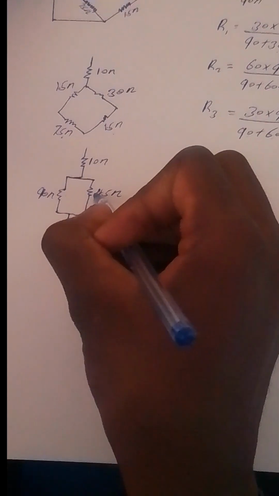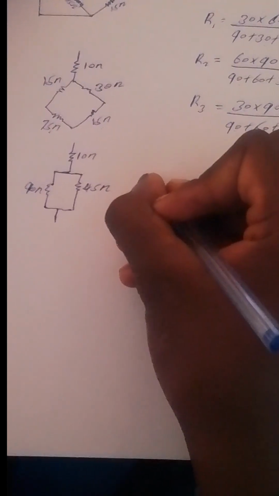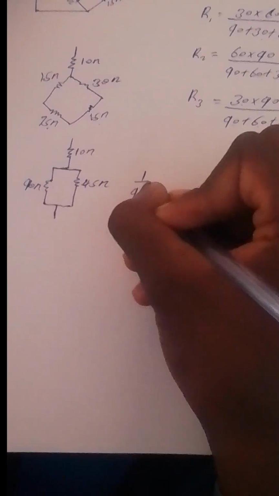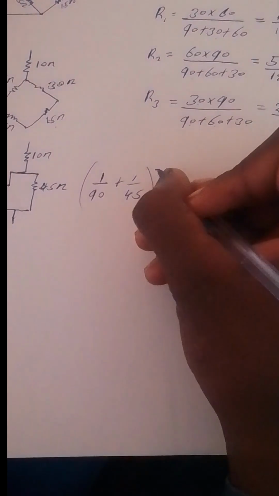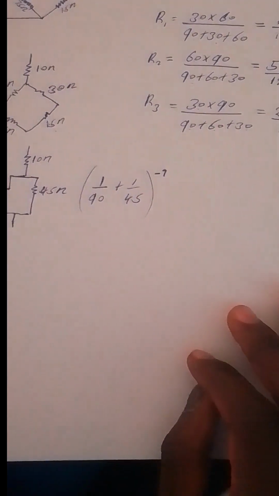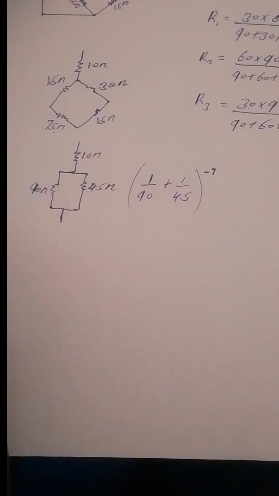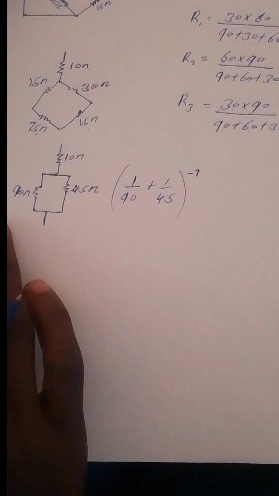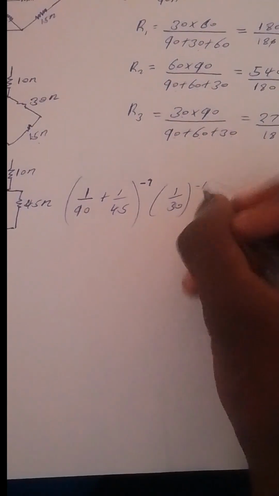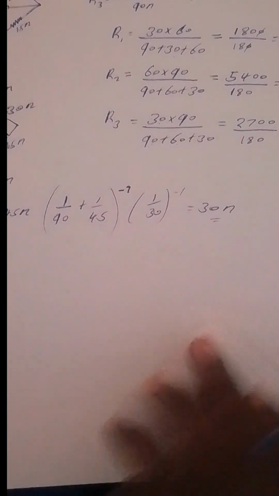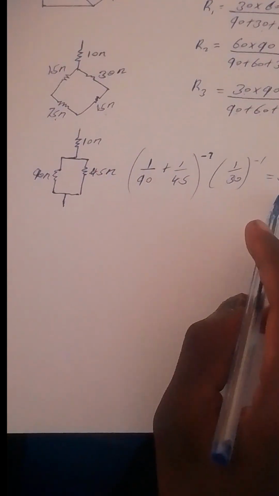For a parallel circuit, we take 1 over 90 plus 1 over 45, then find the reciprocal of the answer, which you can write as raised to the power negative 1. 1 over 90 plus 1 over 45 gives you 1 over 30. The reciprocal of 1 over 30 gives you 30 ohms.